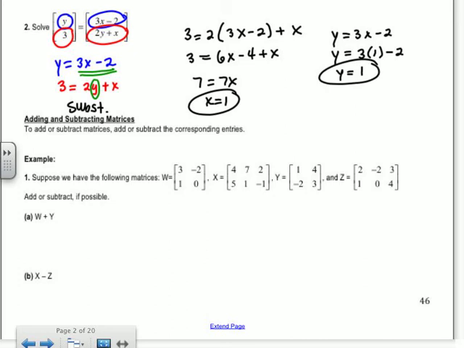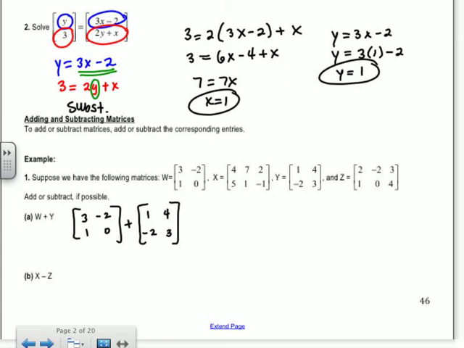All right, so adding and subtracting matrices. To add or subtract matrices, add or subtract the corresponding entries. So if I have W plus Y, my W matrix is 3, -2, 1, 0. My Y matrix is 1, 4, -2, 3. When you see matrices, a lot of people use brackets, like I usually do.